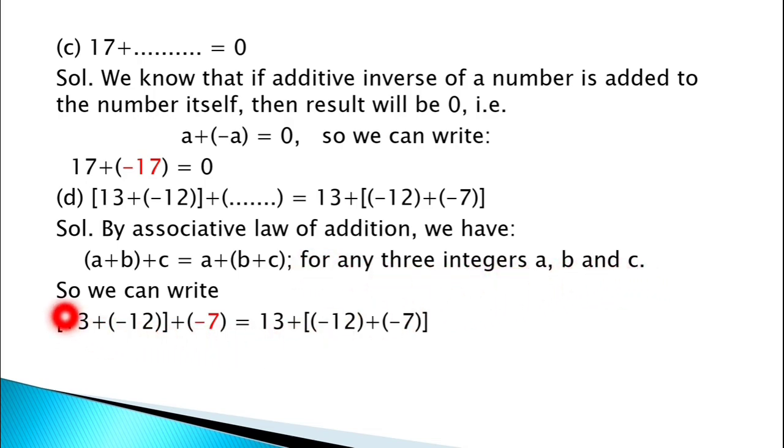So if we associate a to 13, b to minus 12 and c to minus 7, then on the right hand side a is 13, b is minus 12 and c is minus 7. But on the left hand side a plus b is given as 13 plus minus 12, but c is missing. It means in this blank c should be placed, and the value of c is minus 7. Hence our result is minus 7.